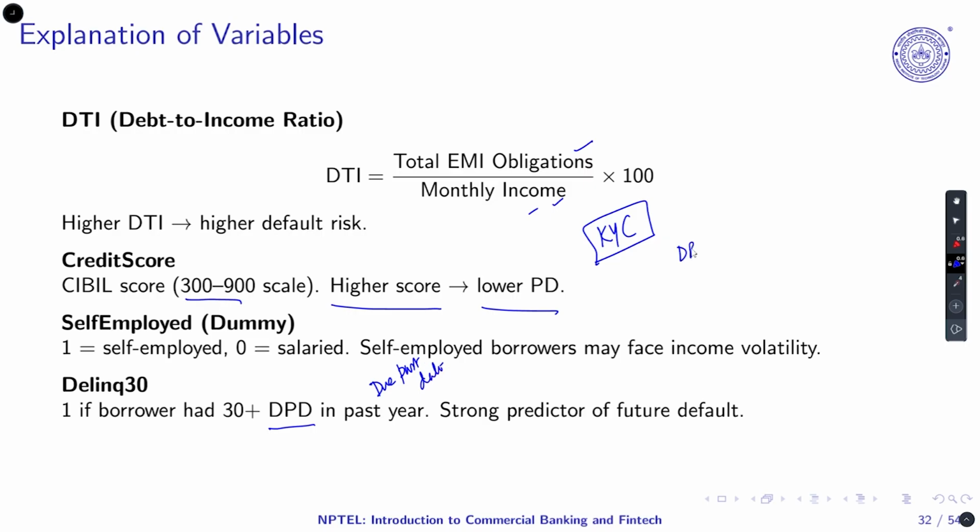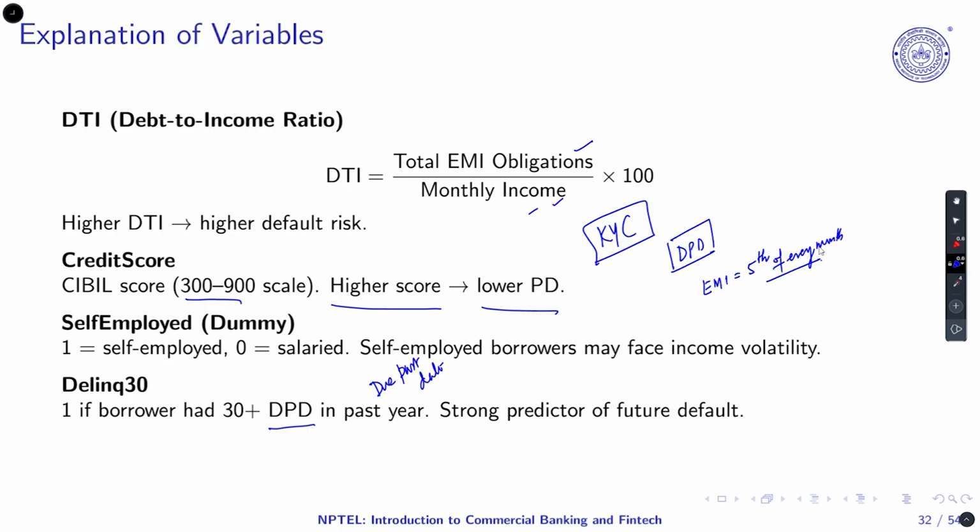So what DPD implies is that, suppose the EMI was supposed to be paid on the 5th of every month, but we find that the EMI has not been paid on the 5th and it is outstanding for more than a month, right.